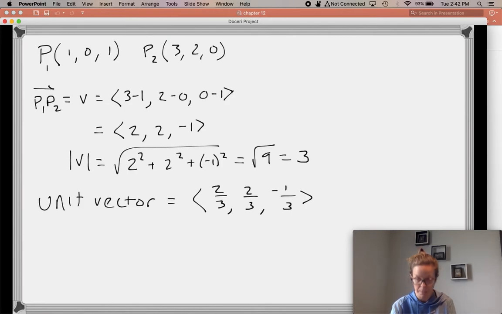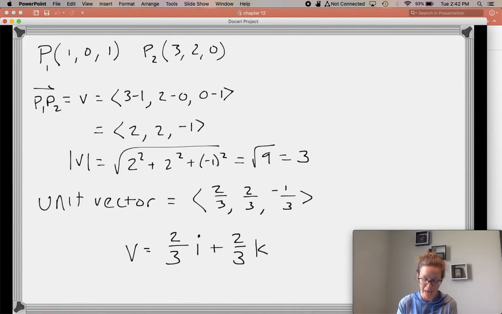If I wanted to name this vector using the i, j, and k, we could call it 2/3 i plus 2/3 j minus 1/3 k. So we just take each piece of it and assign the letters i, j, k. Two different representations, they mean exactly the same thing.